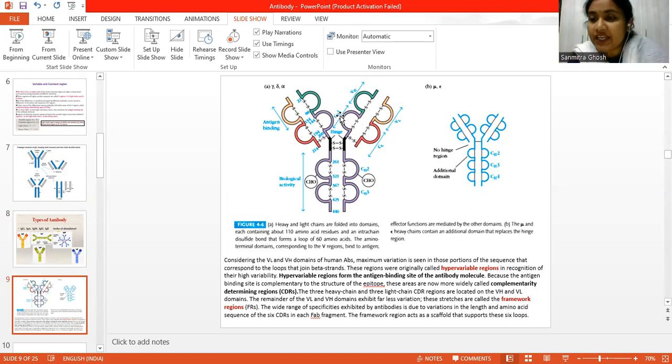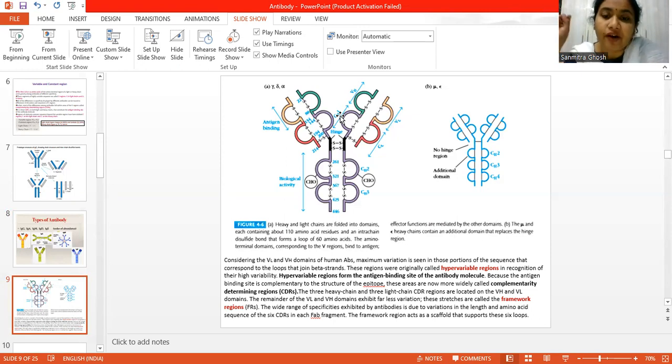Since the variation is much higher in these CDRs, they are known as the hypervariable region.